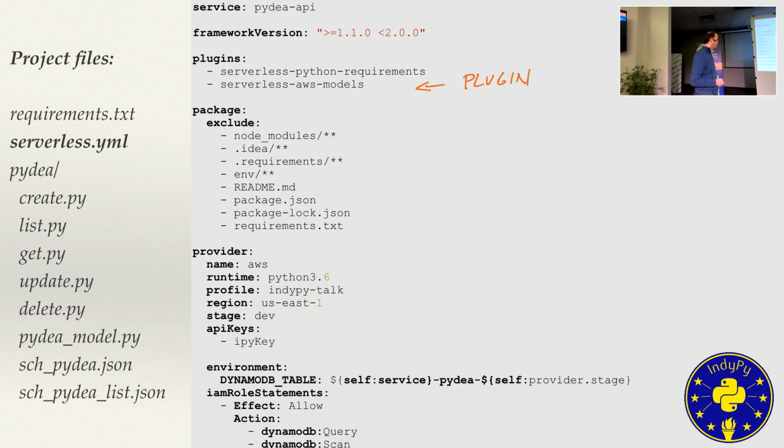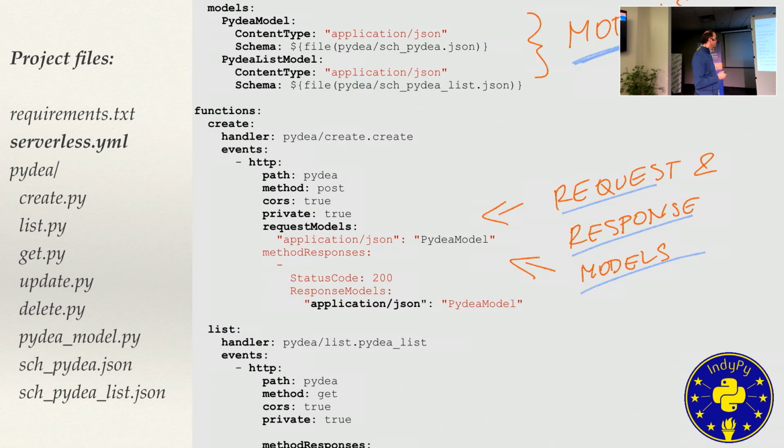And I need to define the model. So essentially, a new section called models. And I had two models. One is the PutItem model, which is the model of the request, so the body of the request that's coming in, and the list model, so the response, right? And I need to assign this model to all the functions. So let's say function create has both request and response.